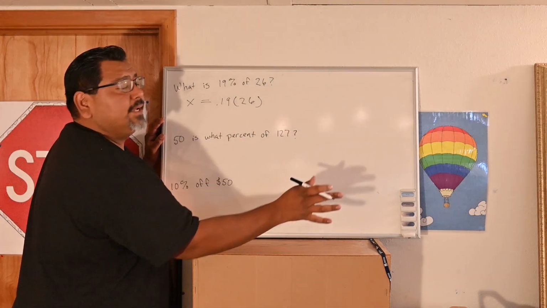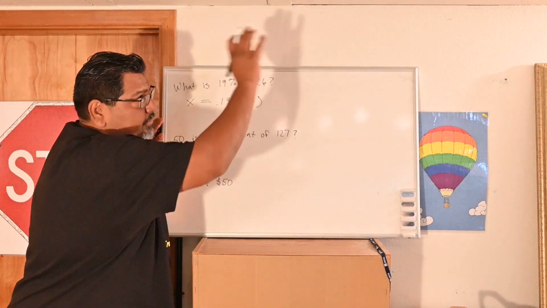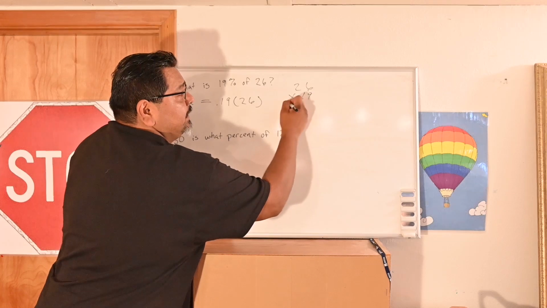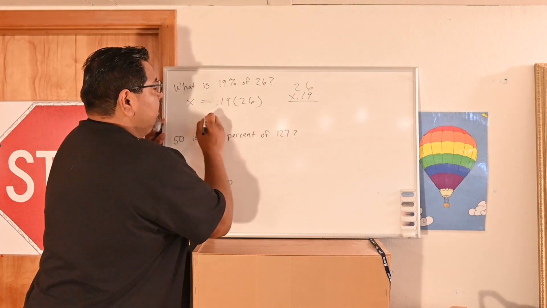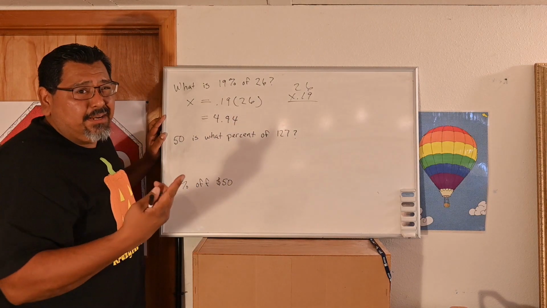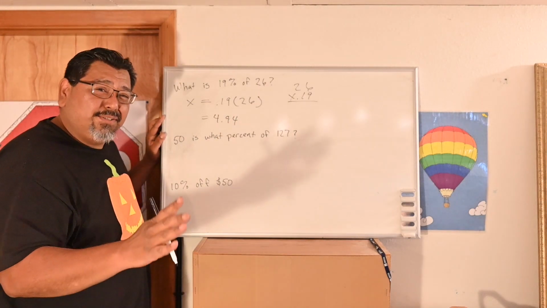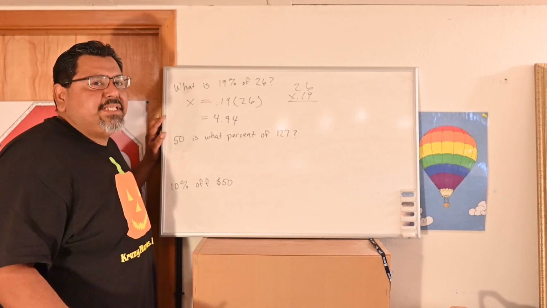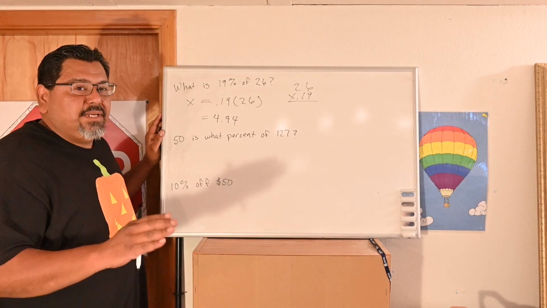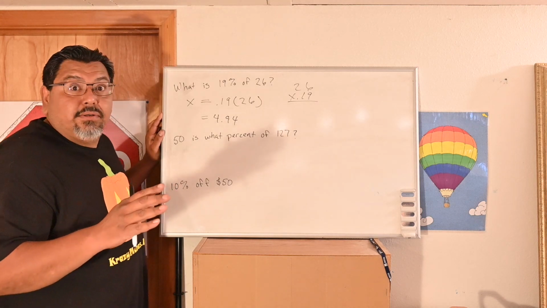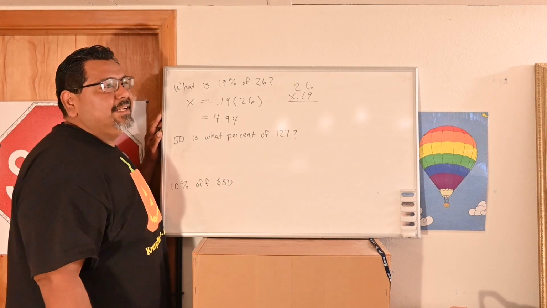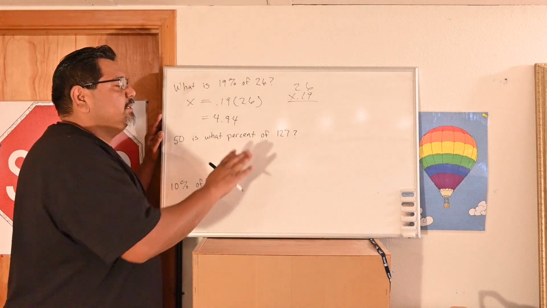So when you do 26 times 0.19 in your calculator, you're going to come out with 4.94. I didn't do that in my head. I had it all written down, so don't get intimidated by math teachers or anybody else that's doing it faster than you are, because we all have some struggle or another, and it's not necessarily going to click at any moment. So just work at it slowly.